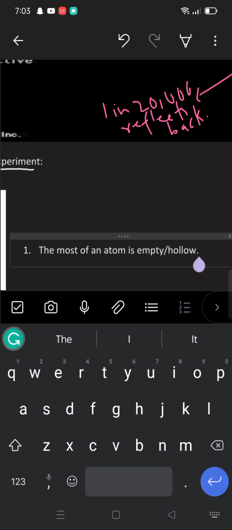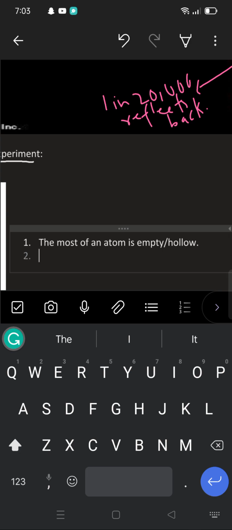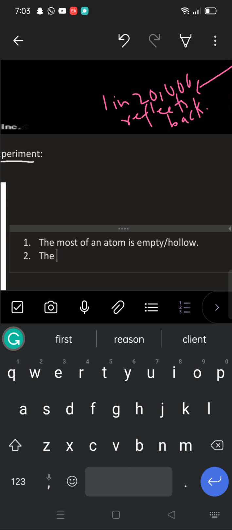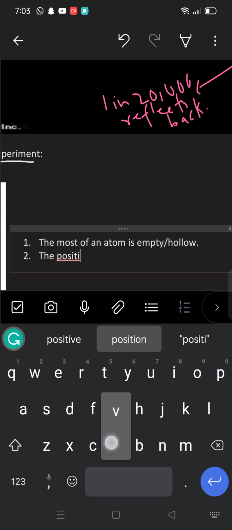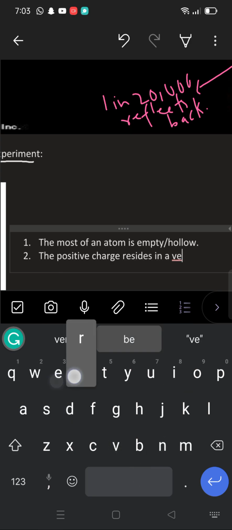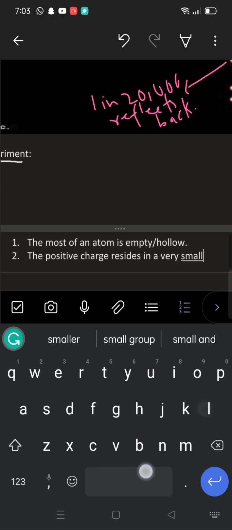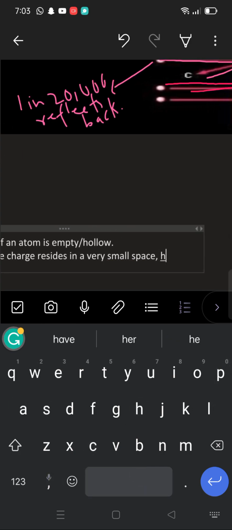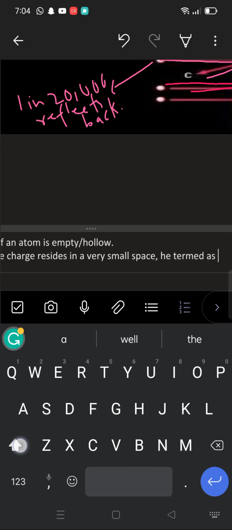So the second point of his conclusion was that the positive charge resides in a very small space, and that space he termed the nucleus.